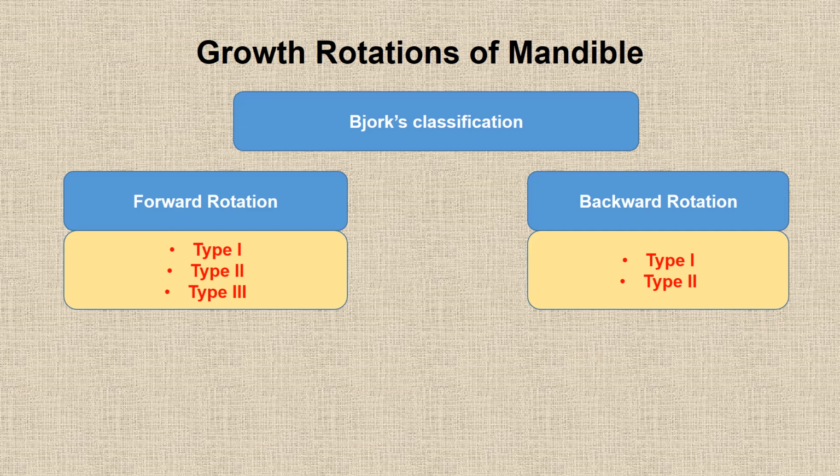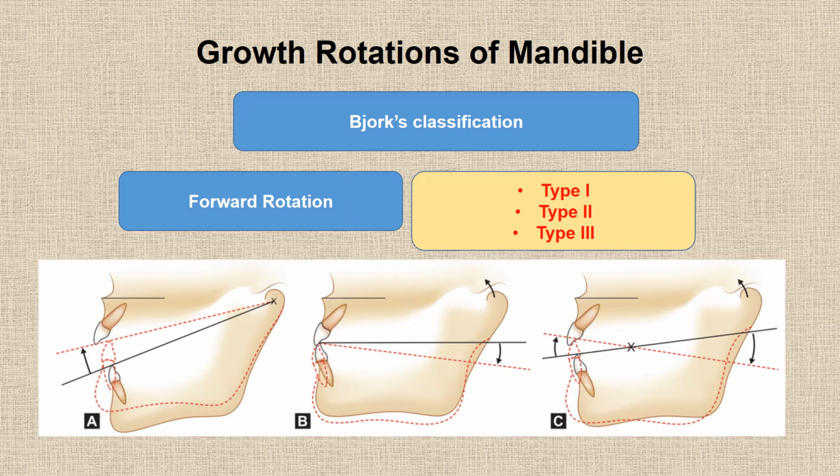Now, growth rotations of the mandible, there are a few classifications. The original classification by Bjork was forward rotation and backward rotation. The forward rotation is further classified into type 1, type 2, type 3. Backward rotation has two types. In forward rotation type 1, the fulcrum of rotation is in the condyle.